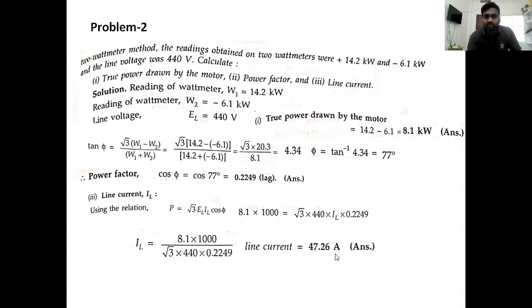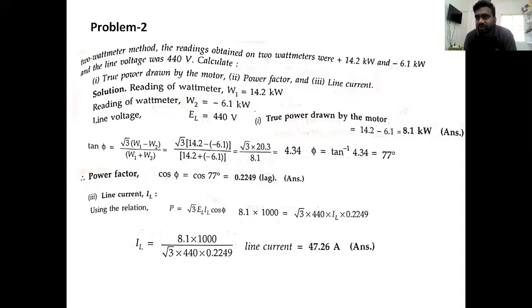In this type of calculation, we first calculated the true power, next the power factor, and as the third parameter the line current. How can we calculate true power? It is the summation of the wattmeter readings.